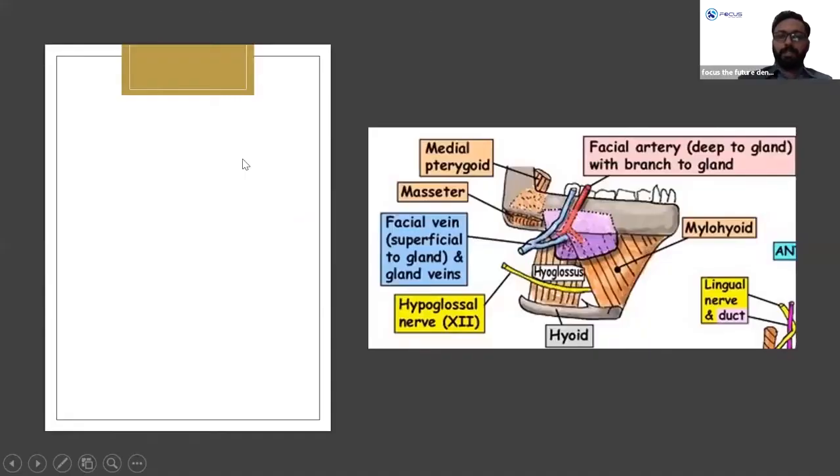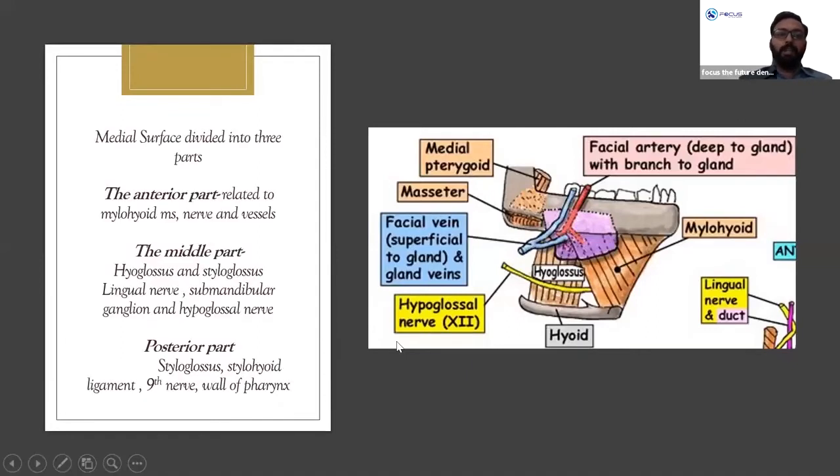The other relationship we should know is from the lateral aspect. When you view it from the lateral aspect, the surface is divided into three parts: the anterior part, the middle part, and the posterior part.